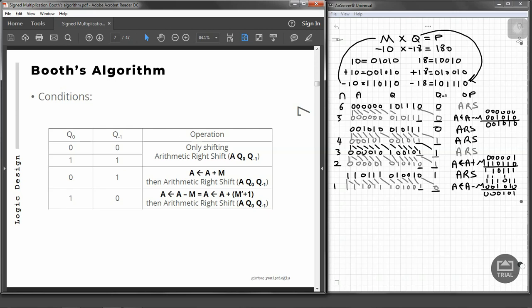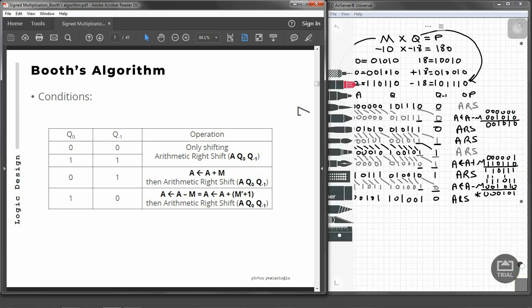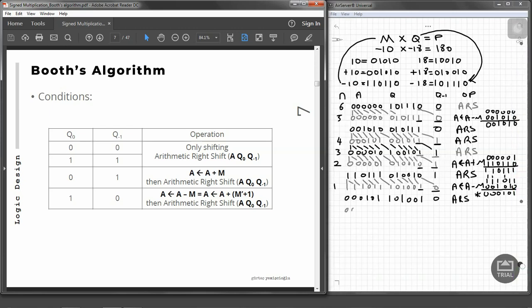So once we discard it, we have got a new accumulator value, which is 0 0 0 1 0 1, and then Q is 1 0 1 0 0 1 and 0. Now arithmetic right shift again, and this is going to be 0 0 for both, and then another 0, then another 0, then 1, and then 0.